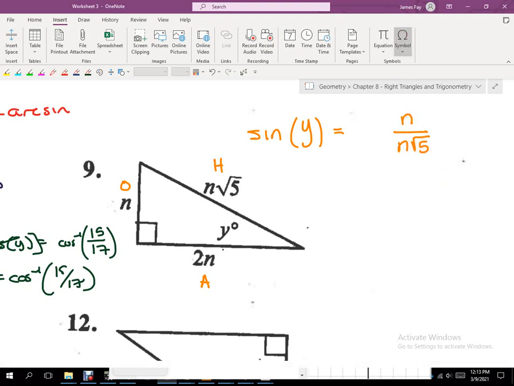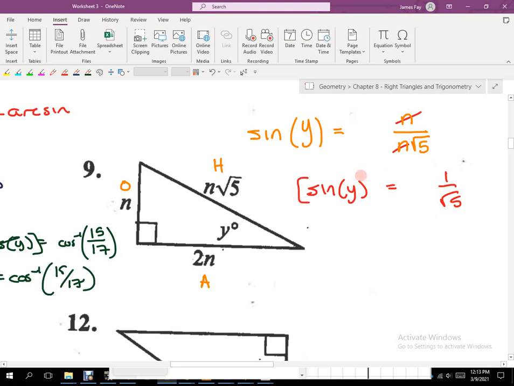Okay. Now, some people will argue, well, my calculator won't put n in. Okay. But what can I do here before I go to my calculator? The n's can cancel, right? I'm really left with sine of y equals 1 over root 5, right?